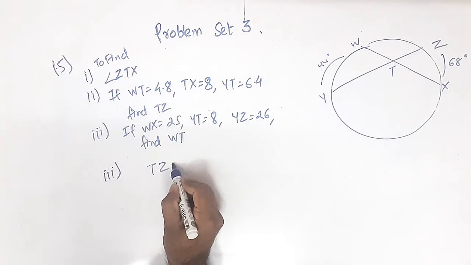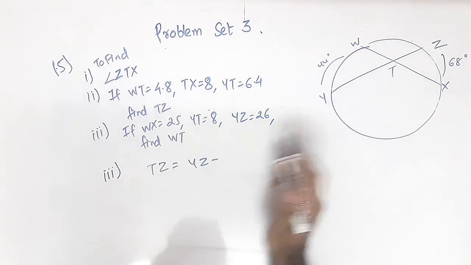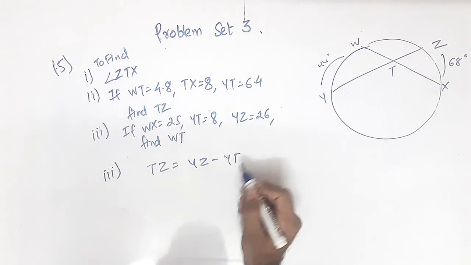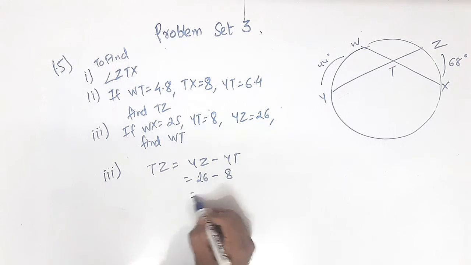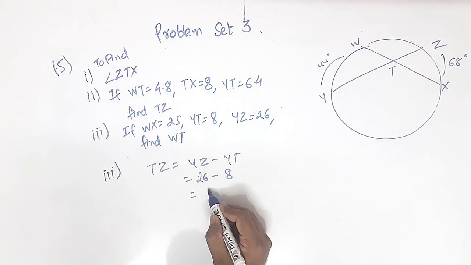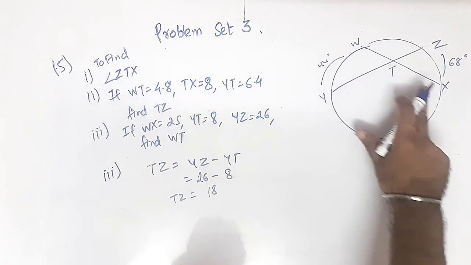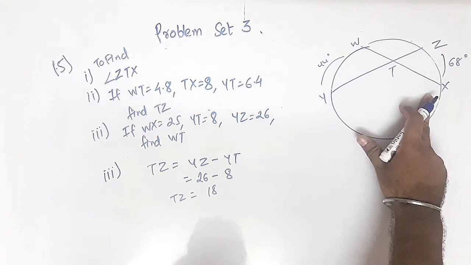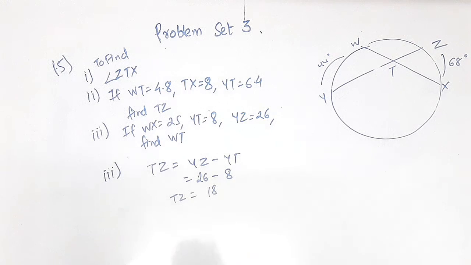TZ will be the difference of the bigger chord minus the segment YT. So it is 26 minus 8, which is 18. But what will we do when WX is given as 25 and we want to find WT?